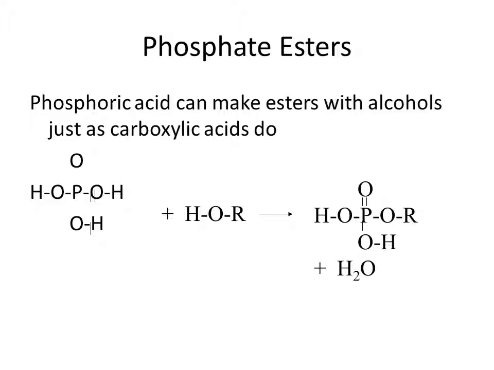Phosphoric acid can make esters with alcohols just like carboxylic acids do. And if you see phosphoric acid on the left, and then we see the alcohol there, we can remove water from that to make an ester. And you can see now water's been removed, and so we have a phosphorus oxygen to a carbon chain bond. And this is called a phosphate ester.